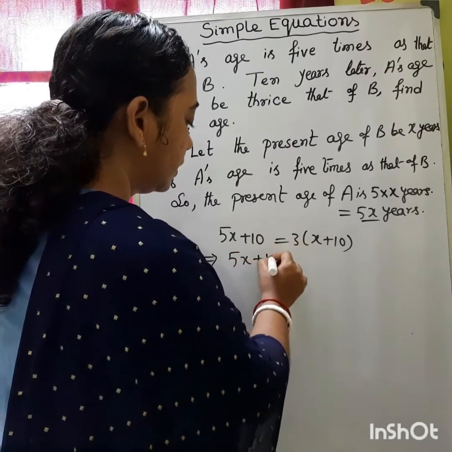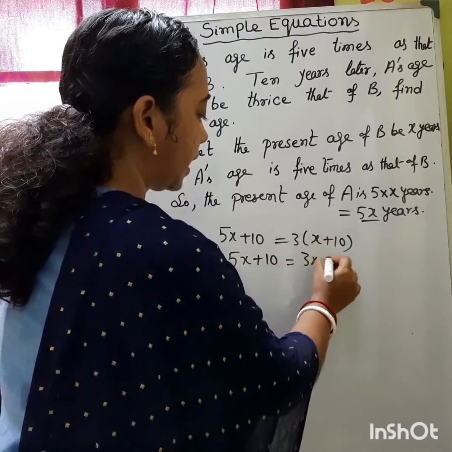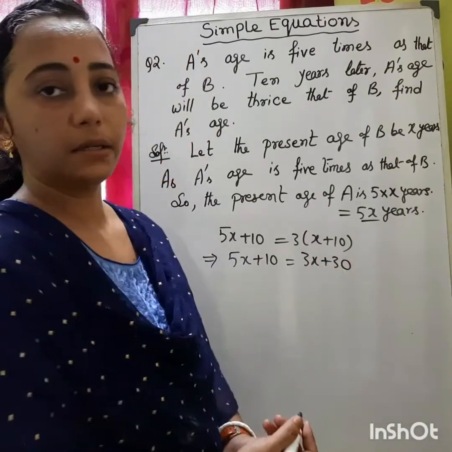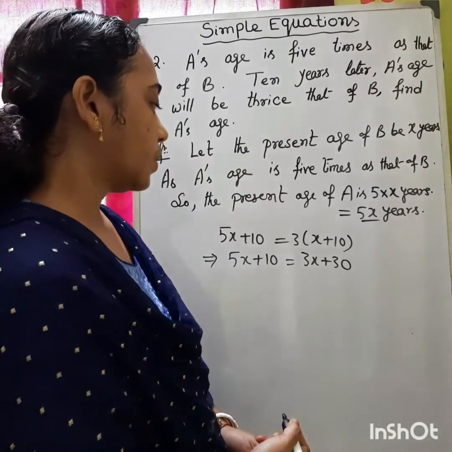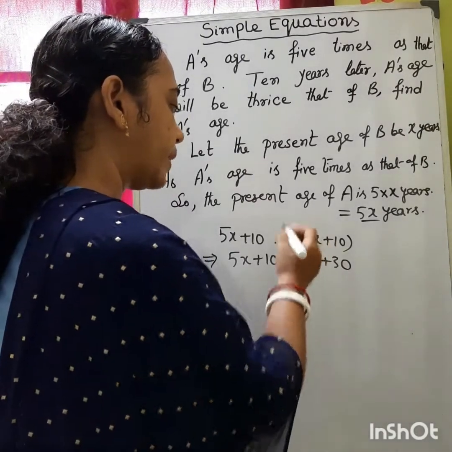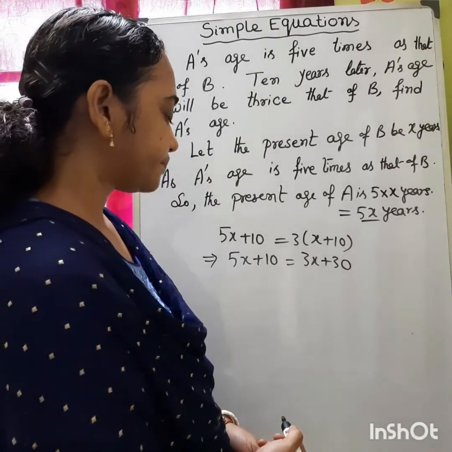5x plus 10 is equal to 3x plus 30, by the distributive property of multiplication over addition, that means 3 multiplied by x plus 3 multiplied by 10.